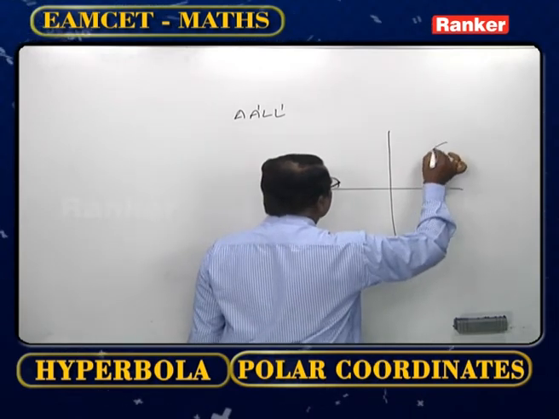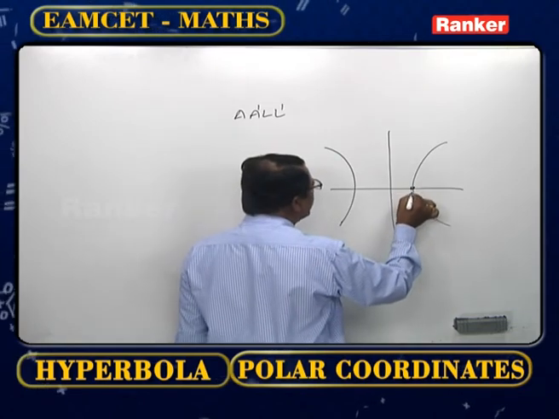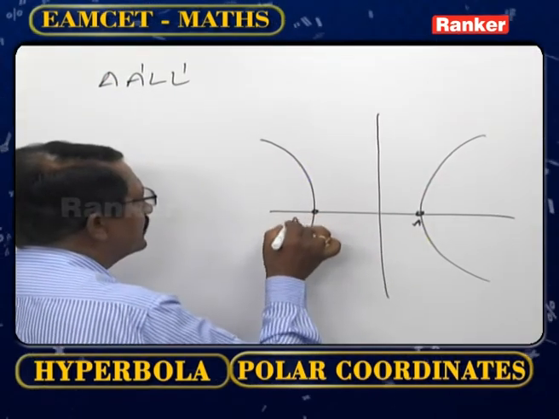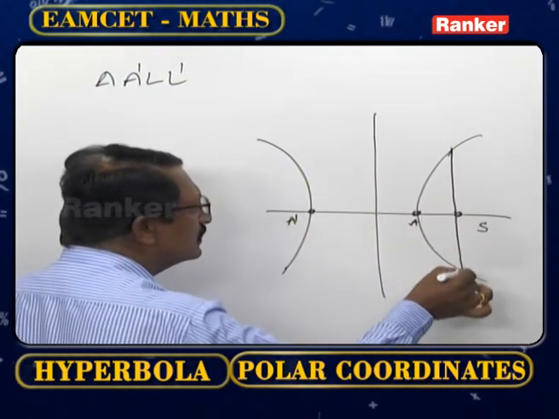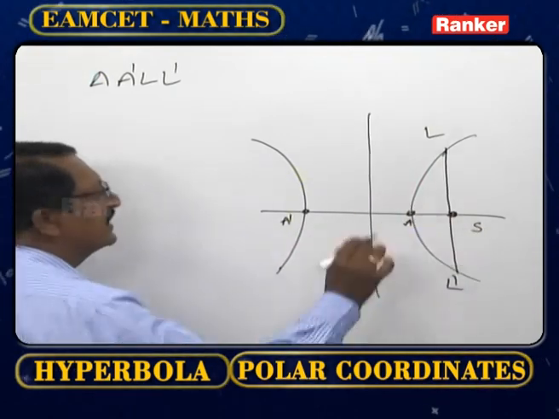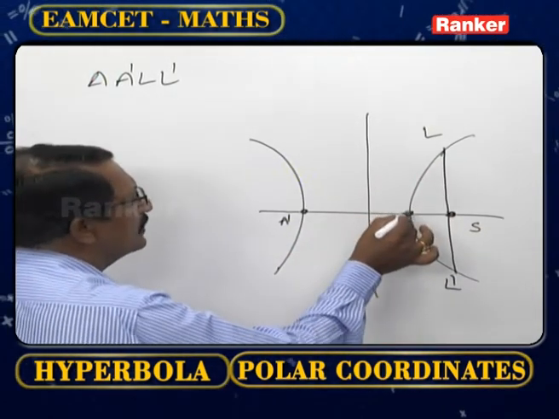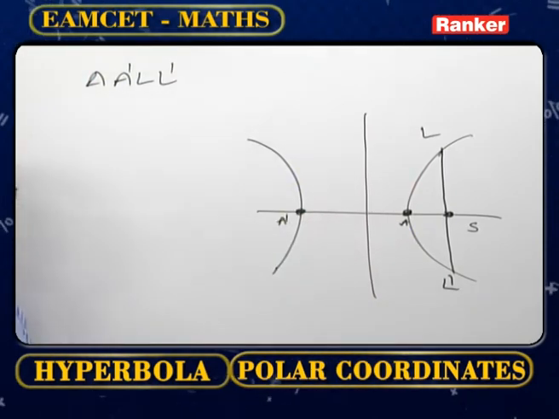Now take the hyperbola. Suppose A and A dash are vertices, S one focus, L L dash the latus rectum which passes through the focus S. Now A is the nearer vertex, A dash is the farther vertex.